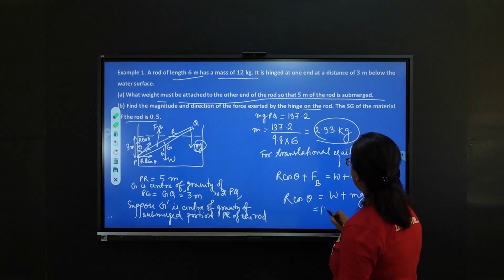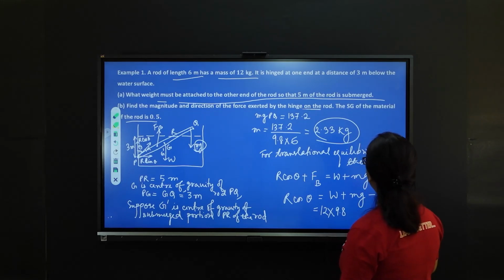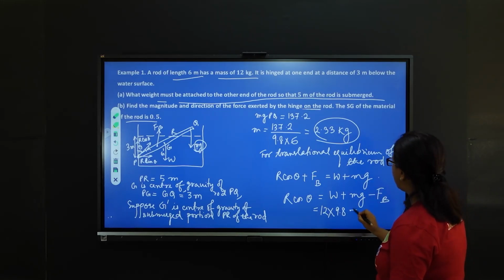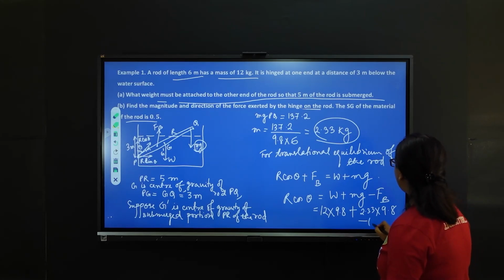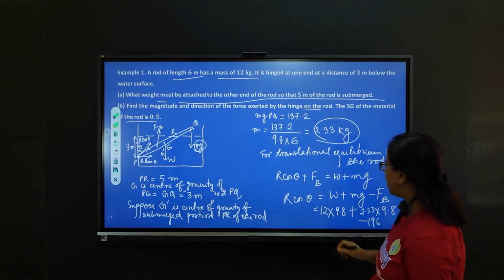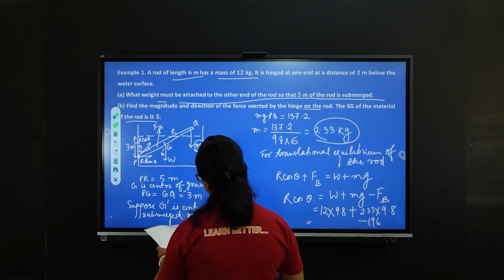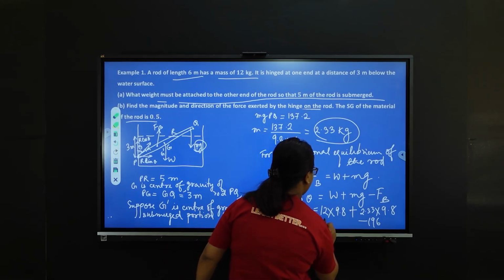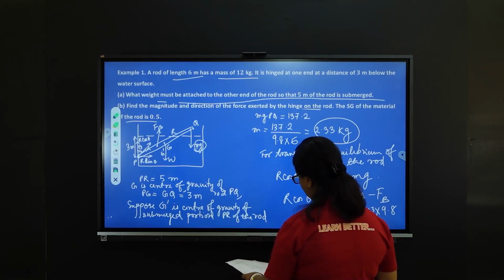So W, mass of the rod, times the acceleration due to gravity, plus we have m coming up as 2.33 times g, that's 9.8, minus FB, which is 196, all in SI units. So if we work this out, we get the vertical component as minus 55.6 Newton.